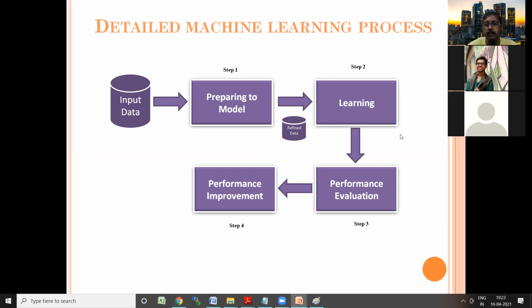Then the next step is a very vital step, which is called learning. After the data is refined, we use that refined data to make the model aligned with the data. Whenever we talk about any machine learning model, that model is a generic thing. We can apply it to solve any problem.